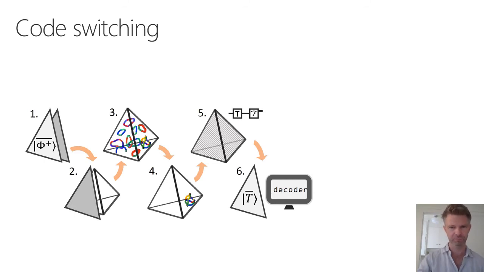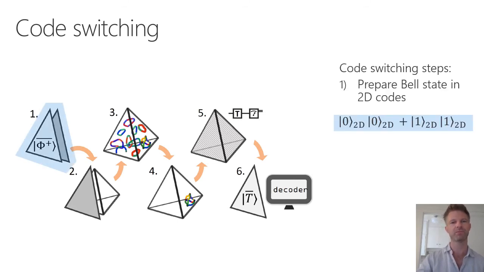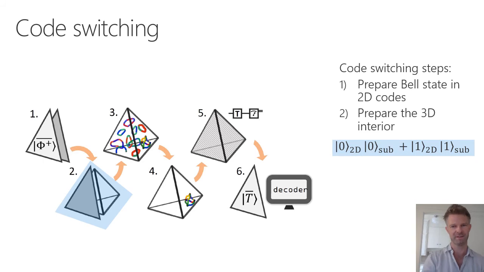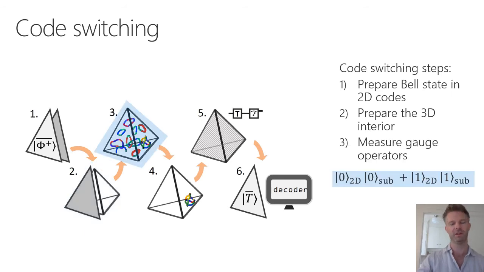So then we take one half of that Bell state, the darker shaded one here, and prepare the bulk that I described before, so that the overall state of the system in step 2 is in fact a particular gauge fixing of the 3-dimensional gauge color code. So to go from step 2 to step 3, all we do is measure the gauge operators.